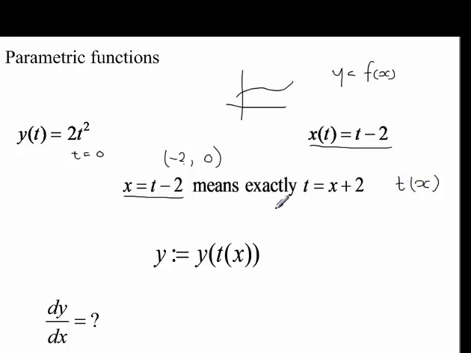Now if I go back to the equation where we had y defined as a function of t, I can substitute t by t as a function of x, and I get an expression like this. If I now ask again, how can we compute the first derivative dy/dx?